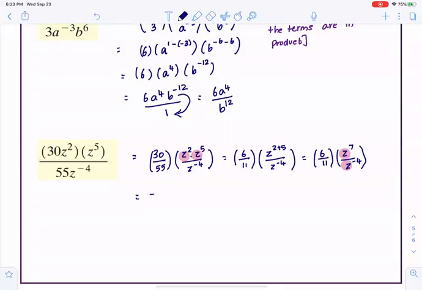So we get z raised 7 minus 4. So the answer is 6 over 11 multiplied by z raised 11. It is the same as 6z raised 11 over 11.